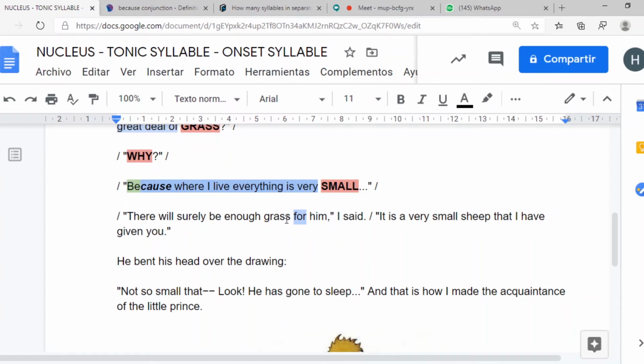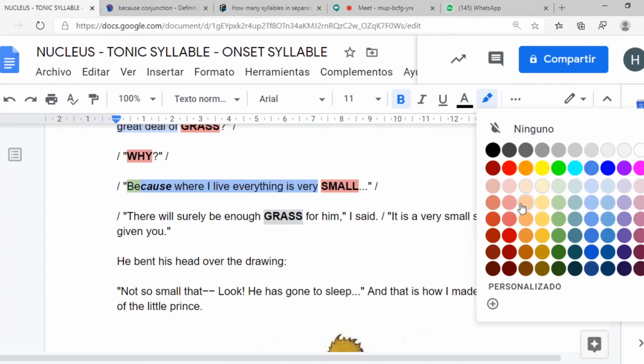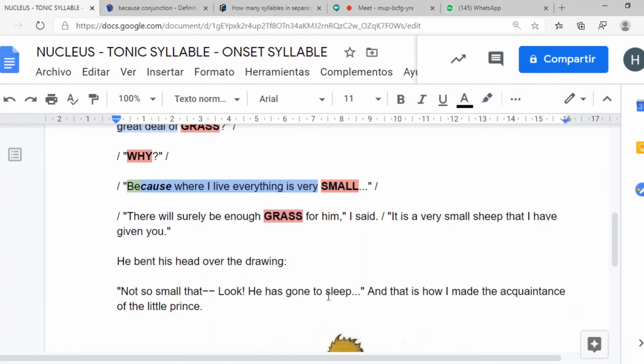So in this case, this is my last stressable content word: grass. Grass will be my nucleus and my tonic syllable.